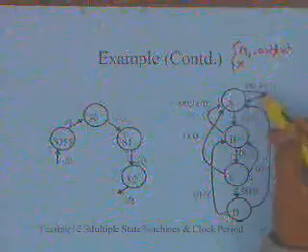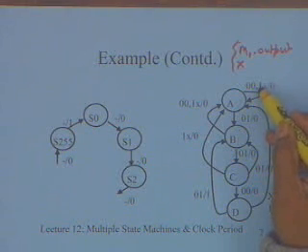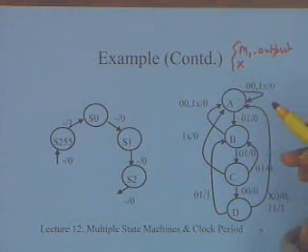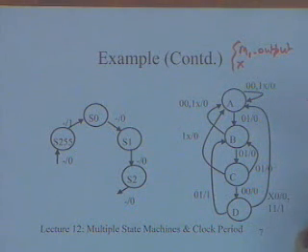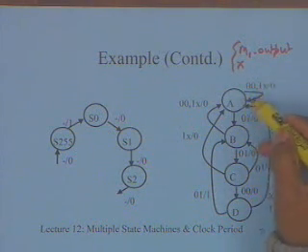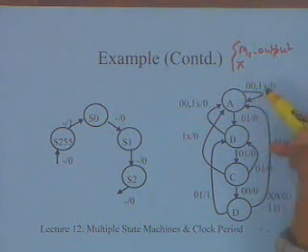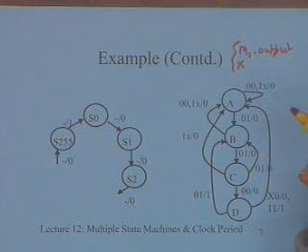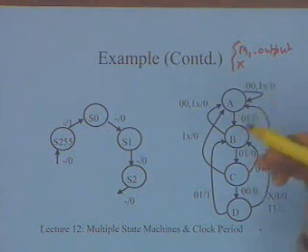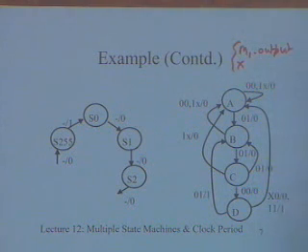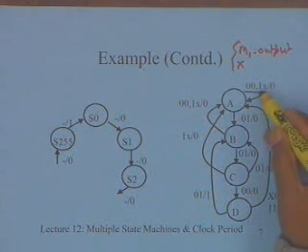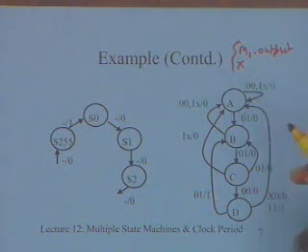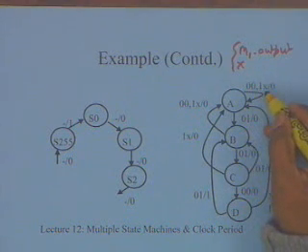If I get a 1, that is, if I am in the initial state and the block is already going to end, then I will remain in A irrespective of what my input is, because I had to restart my pattern matching. So 1x is the input for this, and 1x corresponds to two input patterns, 1 0 and 1 1.